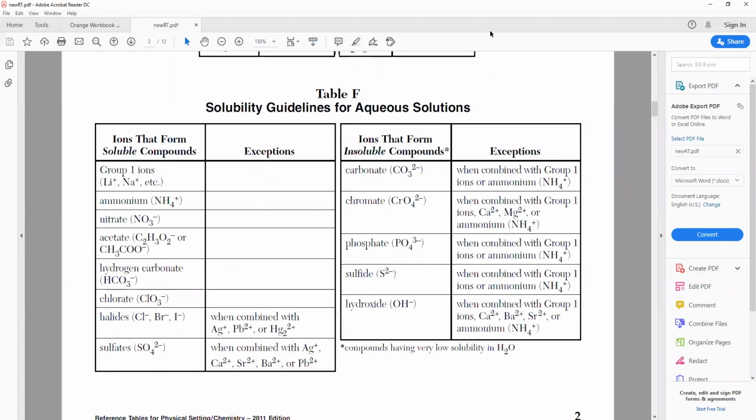You should have circled soluble. The exceptions make them insoluble. You should have insoluble. The exceptions make it soluble. So they're looking at the chlorides. So all of these are soluble, but these exceptions make them insoluble.